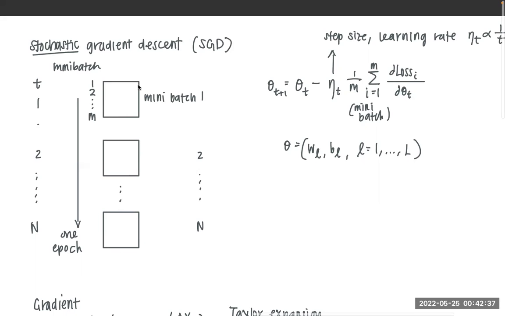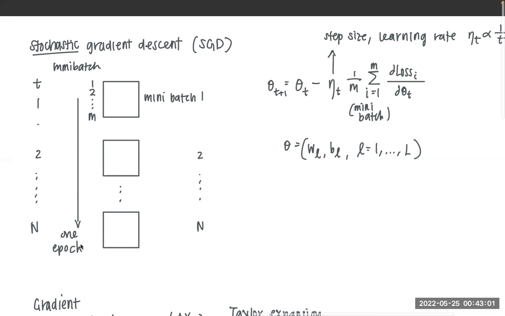Each time you read in one mini batch, and then you update your model parameters. And then you go to the next batch and do another update of your model parameters until you finish all the mini batches. For big text data, usually you only need to go over once.